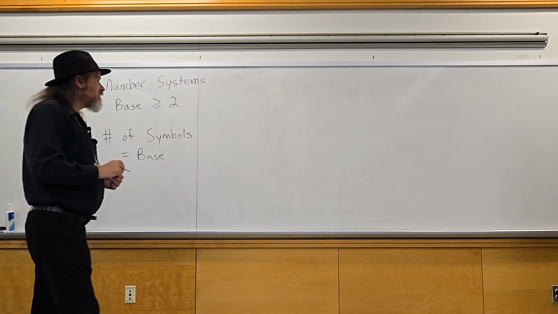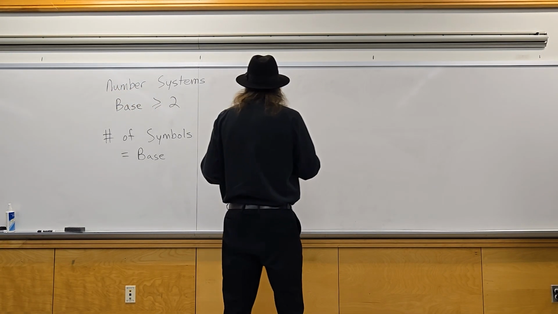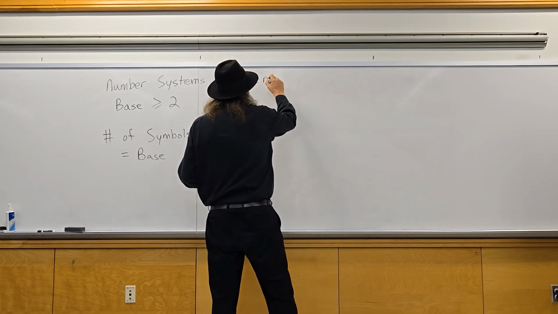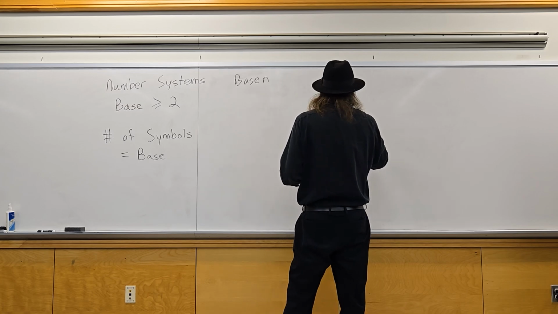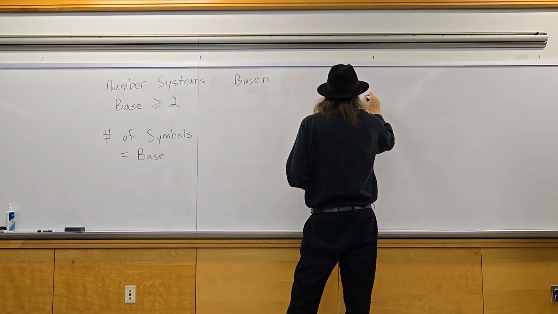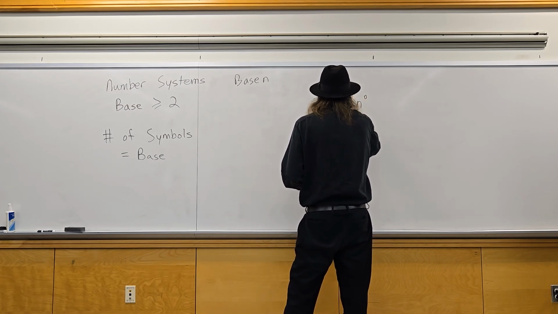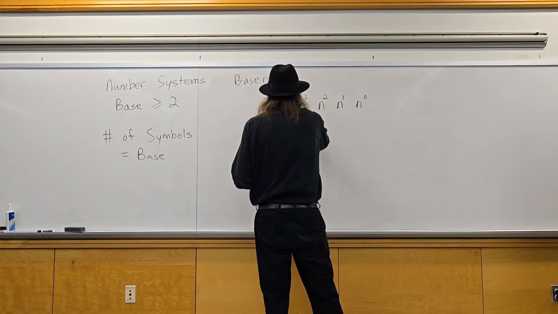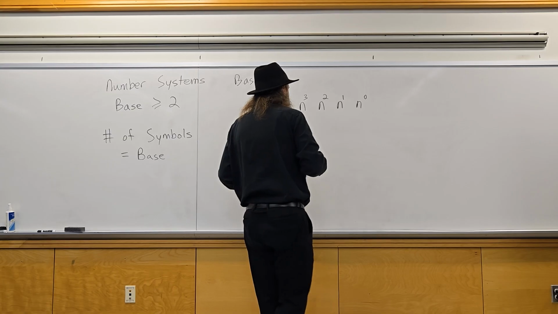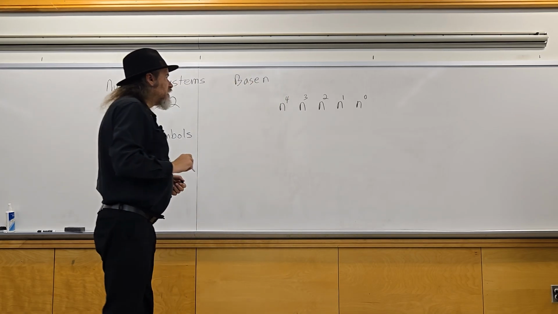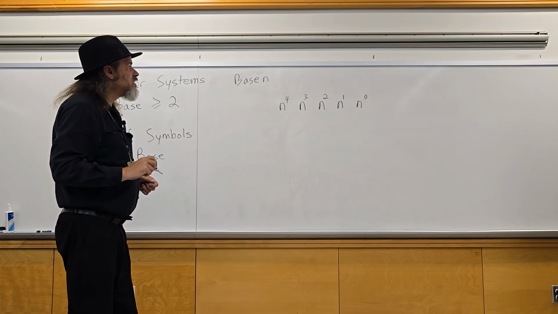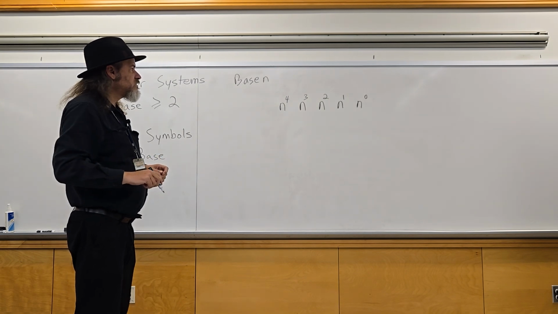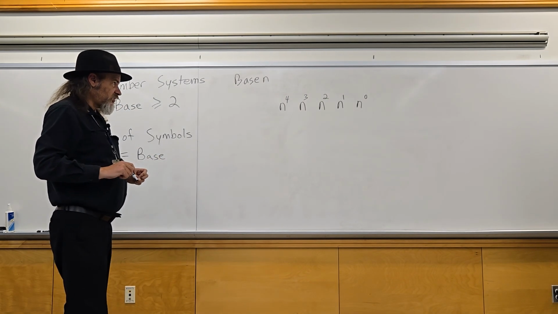So if you have base n, the positions are n to the 0, n to the first, n to the second, third, fourth, etc. And that's going to be the values for those positions.